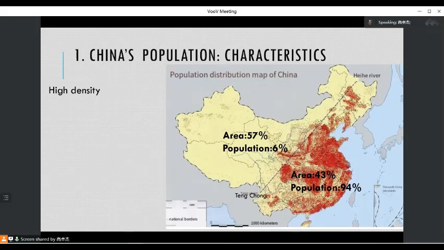This is the map of China. And this is the northeastern part of China, Heilongjiang province.